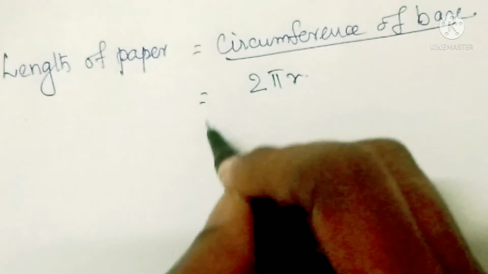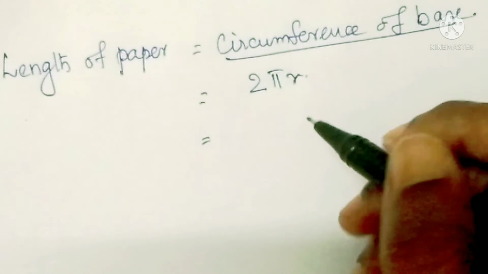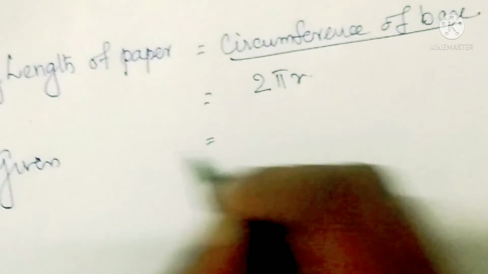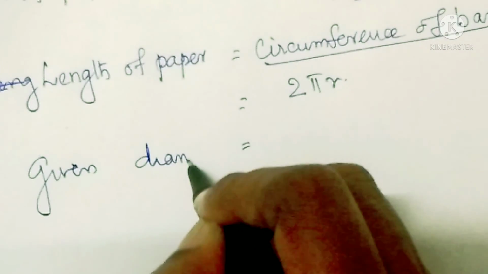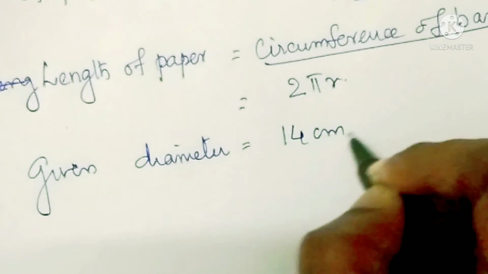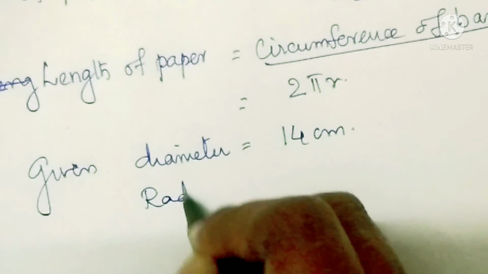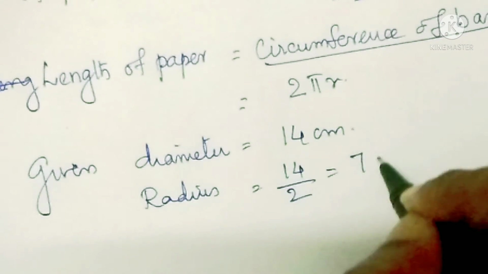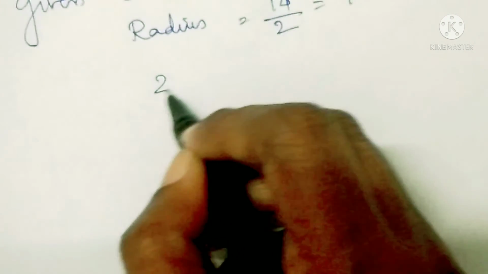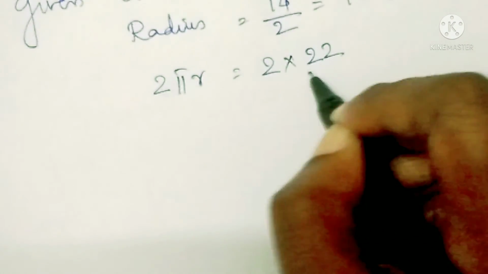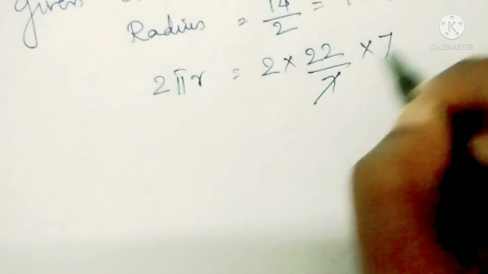So how to find 2 pi r here? The diameter is given, diameter is equal to 14 centimeter. So what is the radius? 14 upon 2, that is 7 centimeter. Now how to find 2 pi r? 2 pi r is equal to 2 into 22 upon 7 into 7.